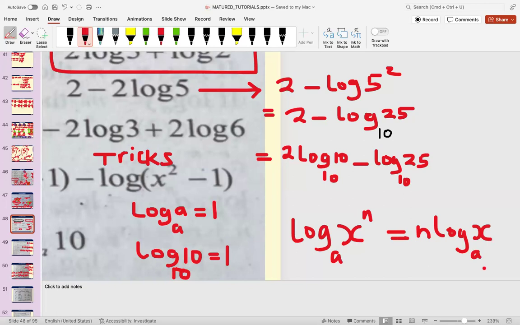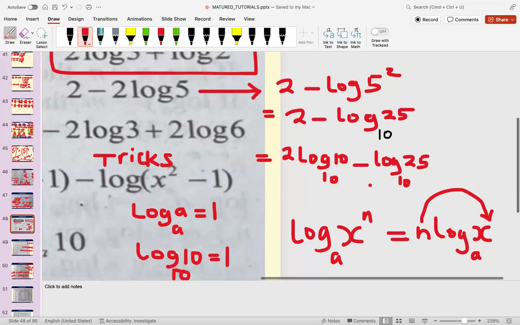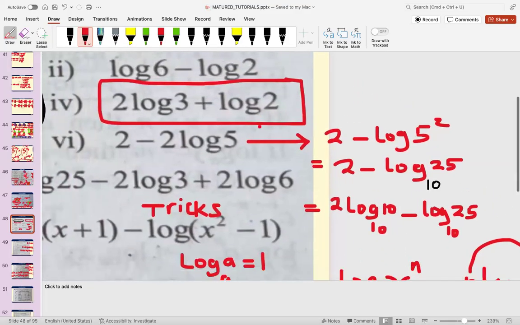Yes, sir. Good. So if I'm taking this N back to where it came from, it will just go and sit on top of the X again, isn't it? Yes, sir. Good. So the same thing is what we are doing here.